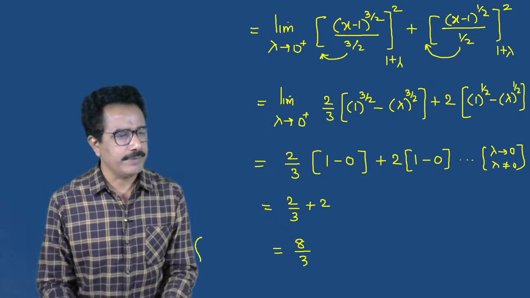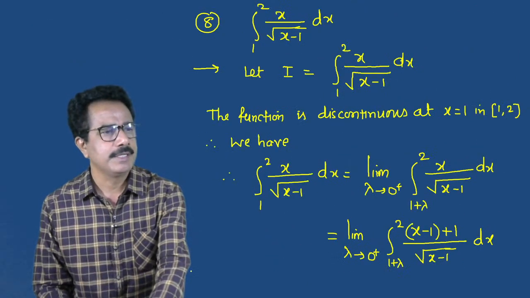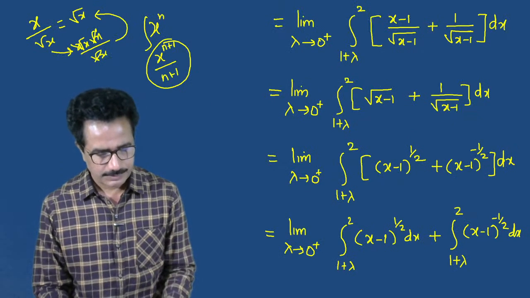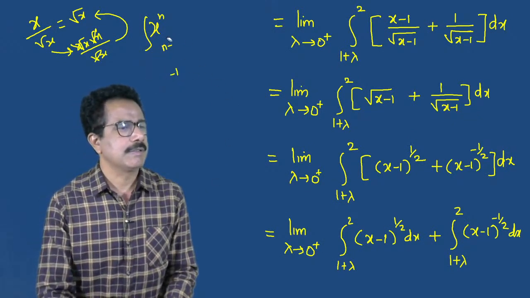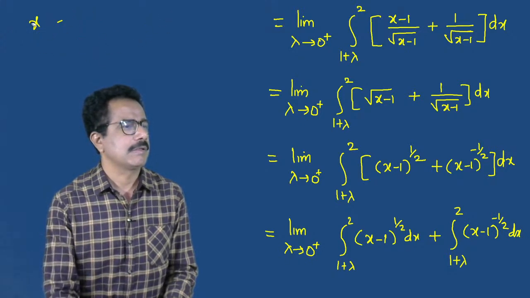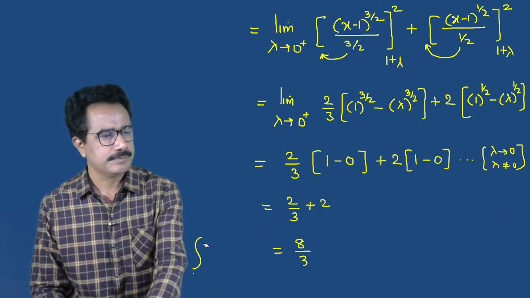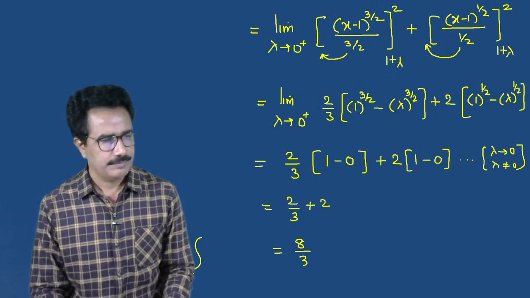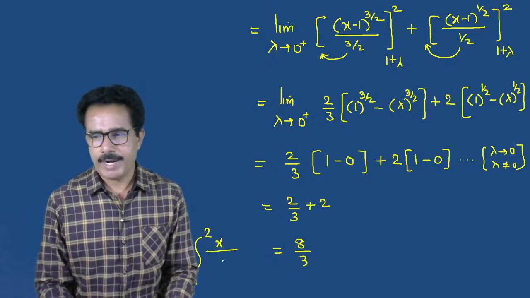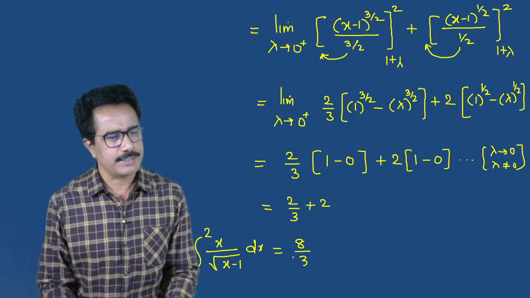So this is the value of integral from, what is the problem? Integral from 1 to 2 of x divided by root of x minus 1 dx.